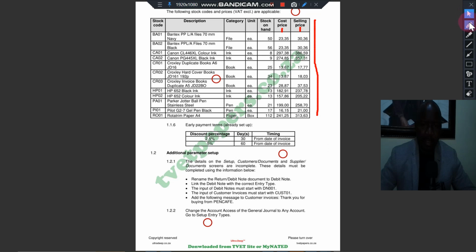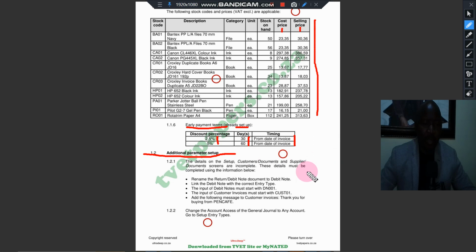At the bottom here, these are early payment terms, also already in the system, but remember, if there are any terms that are not here, you'll have to add them yourself in the system. And then where I believe the question paper starts is this part.